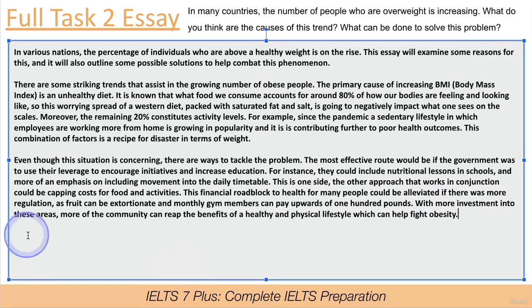With more investment into these areas, a wider section of the community can reap the benefits of a healthy, we've used health, of a nutritional, we've used nutritional, well balanced lifestyle which can help fight obesity.